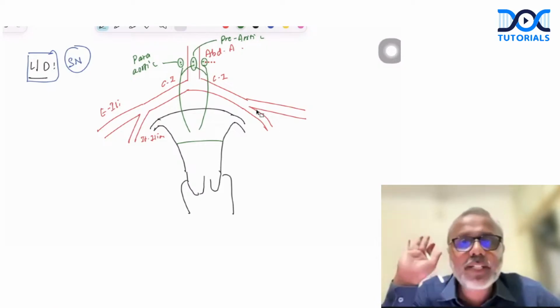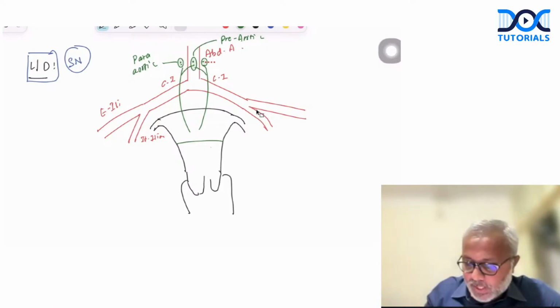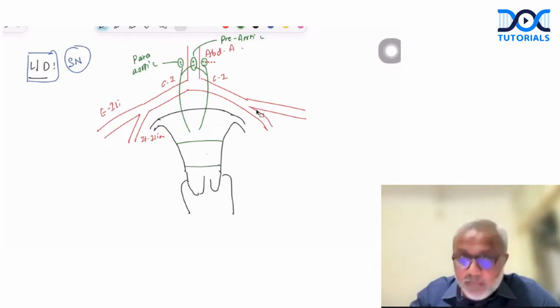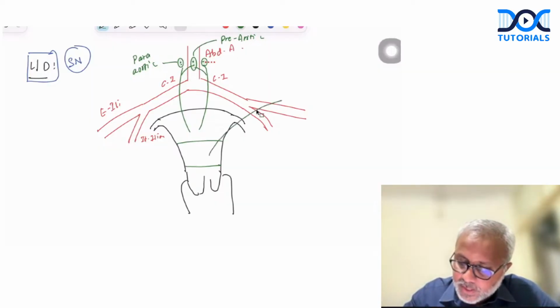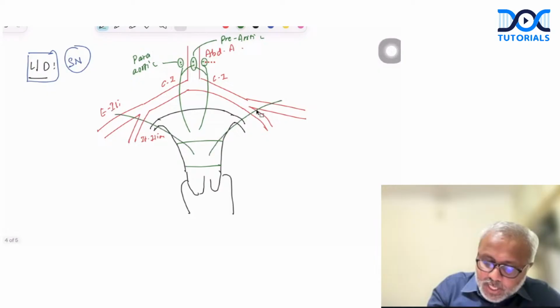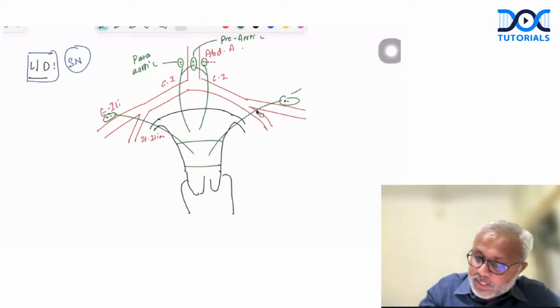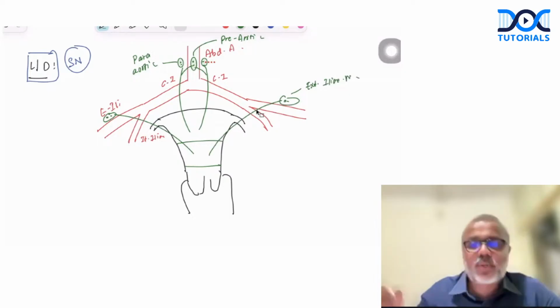So upper part, where is it going? Pre-aortic and para-aortic. Where is the middle part going? Remember, the middle part actually goes into this group of lymph nodes, which are located along the external iliac vessels. So what will you call these? You will call these the external iliac nodes.